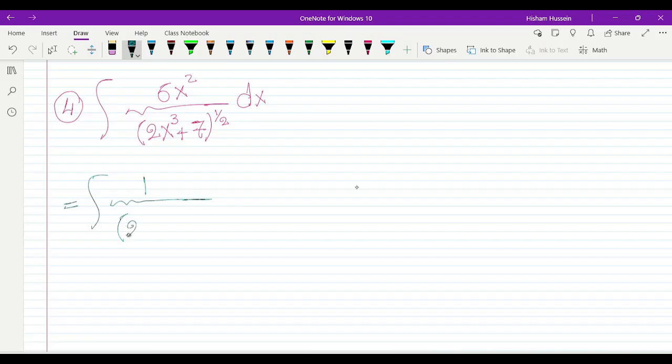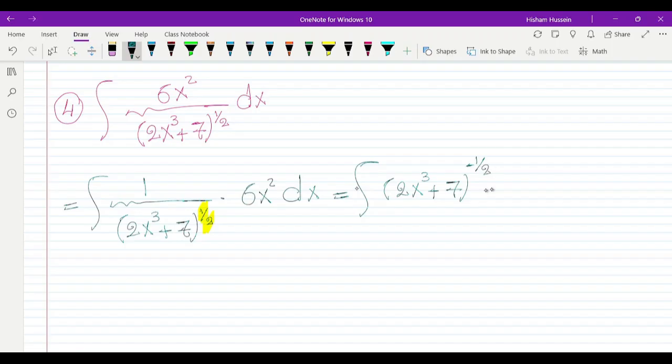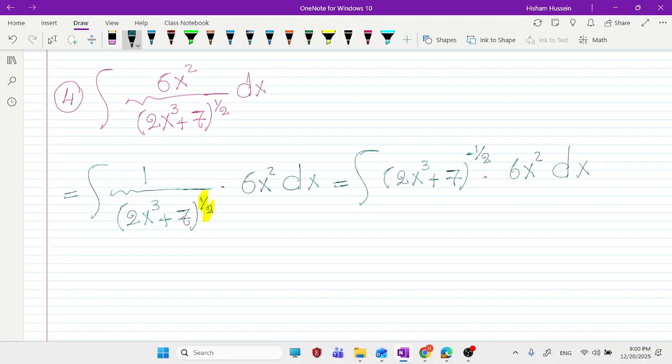So it's 1 divided by 2x power 3 plus 7 to the power half times 6x squared dx. Okay, and we can continue by rewriting this function in the denominator to be 2x power 3 plus 7 to the power negative half times 6x power 2 dx.